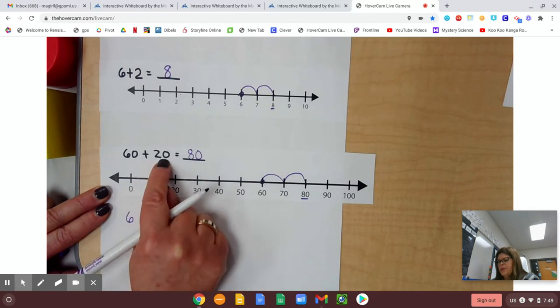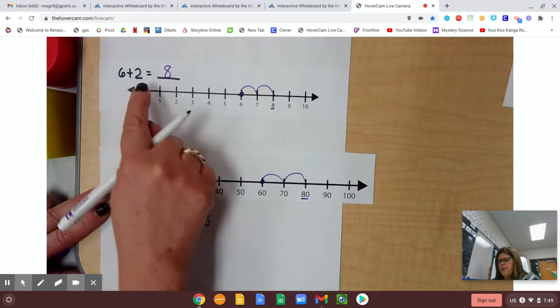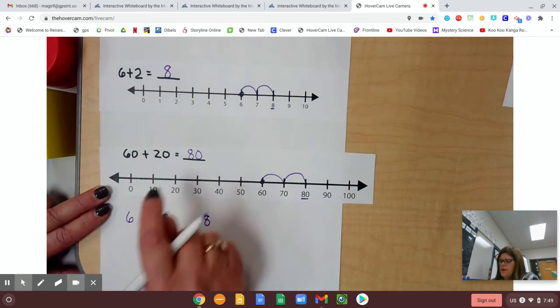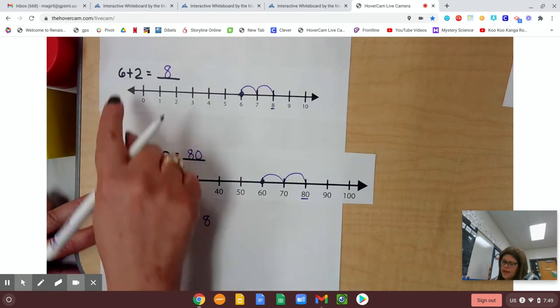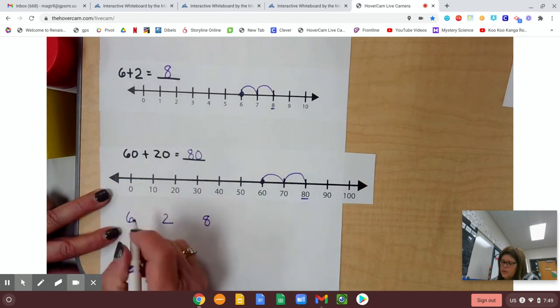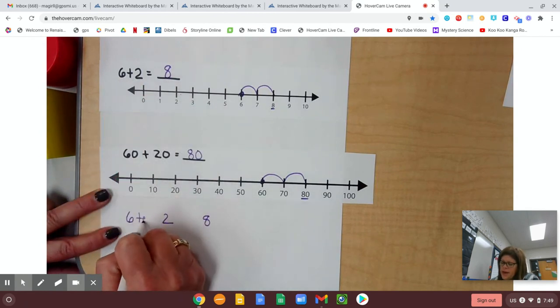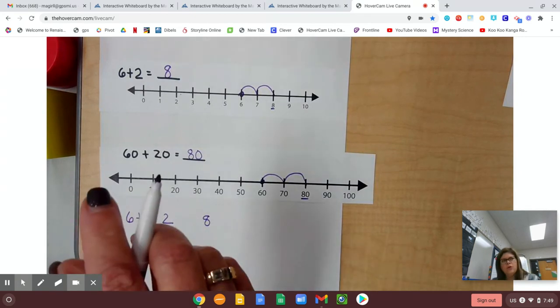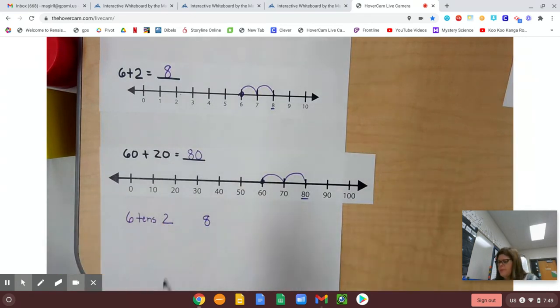When they added a 0 at the end of those numbers, you needed to add a 0 at the end of the 8. So basically what this is saying, 6 plus 2 is 8, and 60 is really 6 tens. Like those sticks of 10 cubes, like we stack the Unifix cubes.